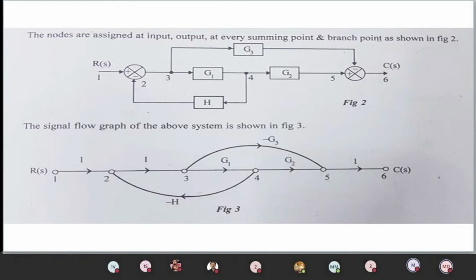So the gain is G3. Check whether it is plus G3 or minus G3. It points towards the summing point as minus, so you need to substitute minus G3. From 4 to 2, it is minus H because it is pointing towards the summing point as minus. Right? So you can understand how you have converted a block diagram easily into a signal flow graph.